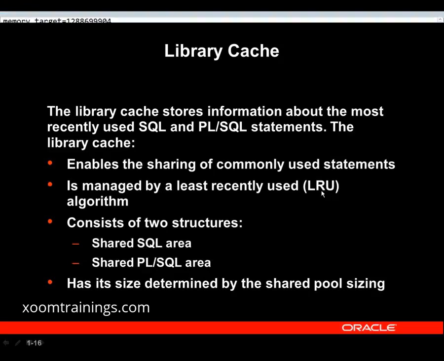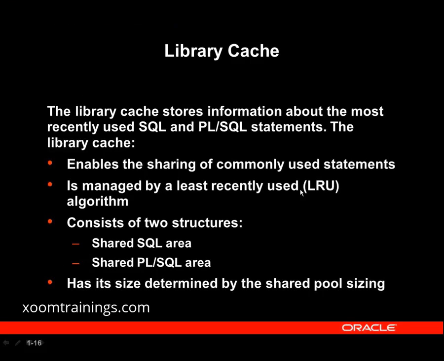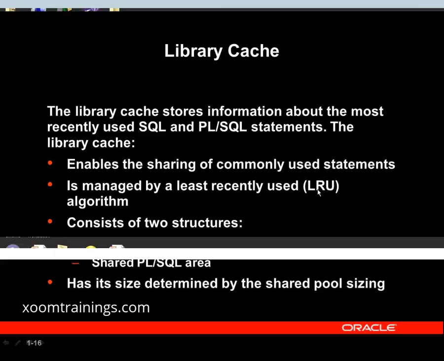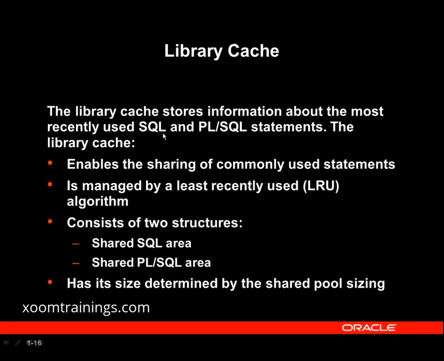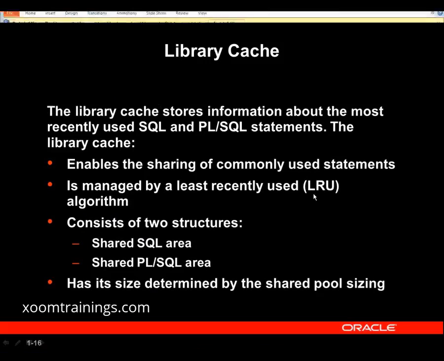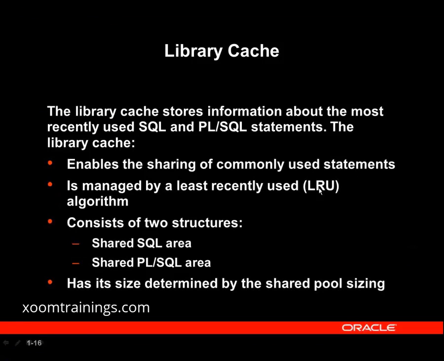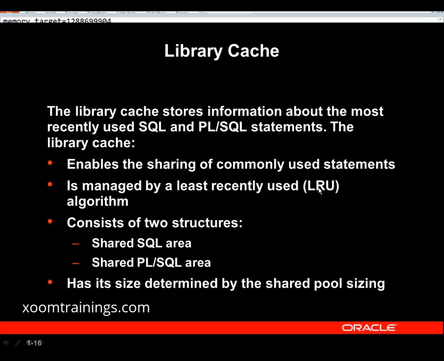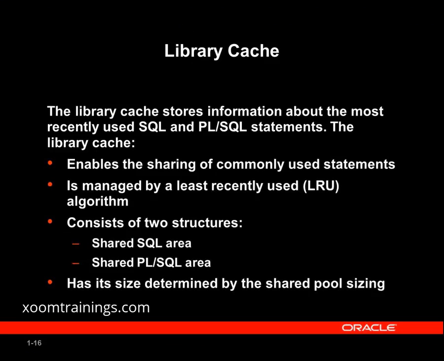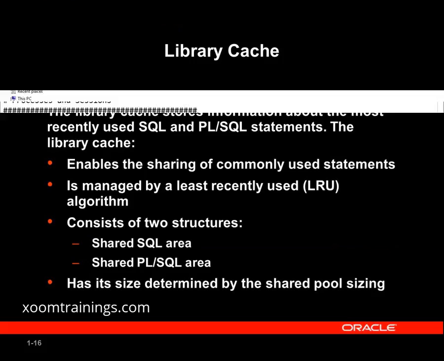The least recently used algorithm works like this: the most recently used statements go to the top of the library cache. A statement stays in memory as long as a number of hits keep coming for it. Let's say an update statement has been fired 5 times and its hits are more.